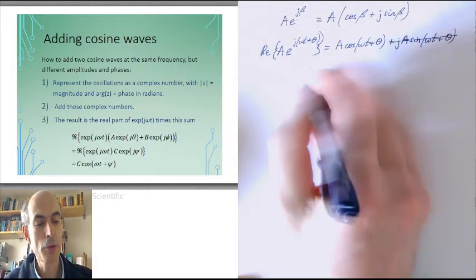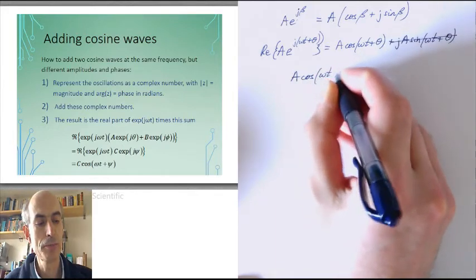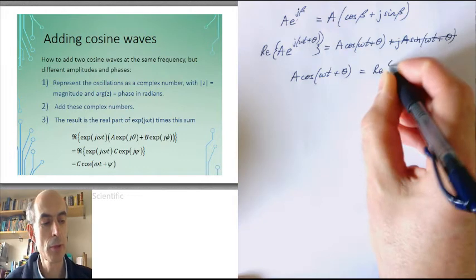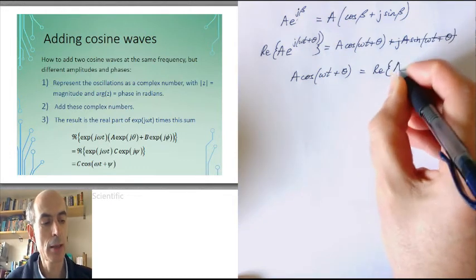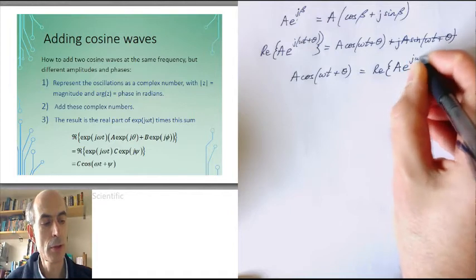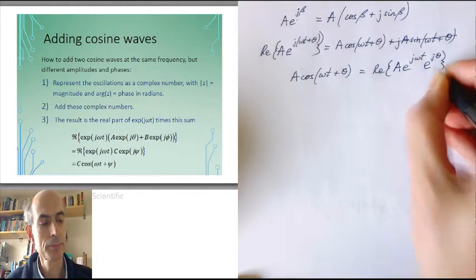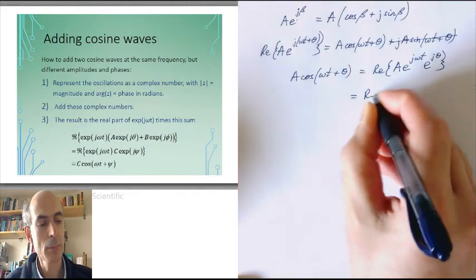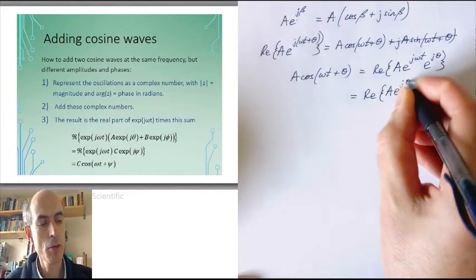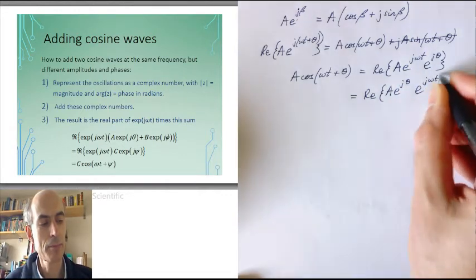So I can represent my sinusoidal oscillation in terms of the real part of a complex number, which I could write like this, or a e to the j theta times e to the j omega t.